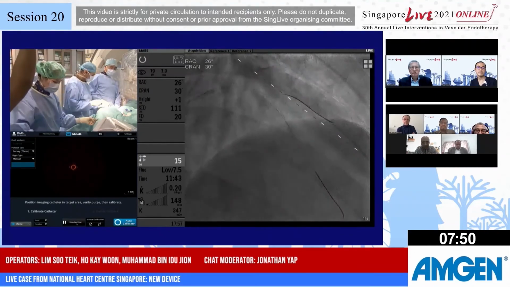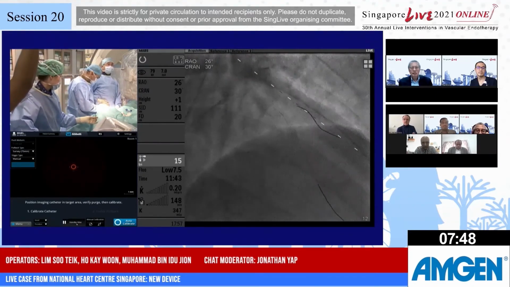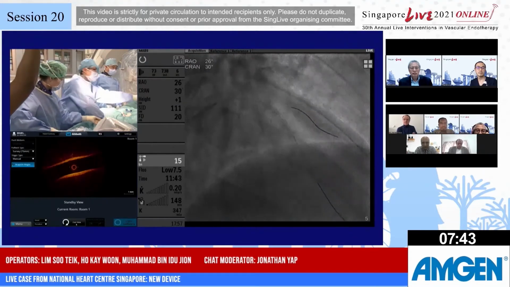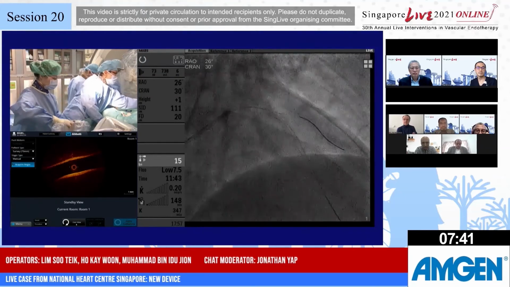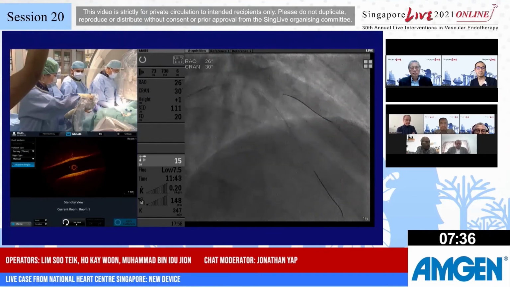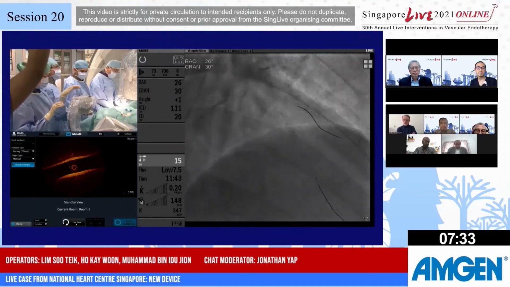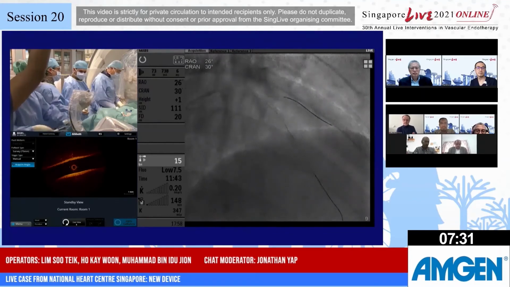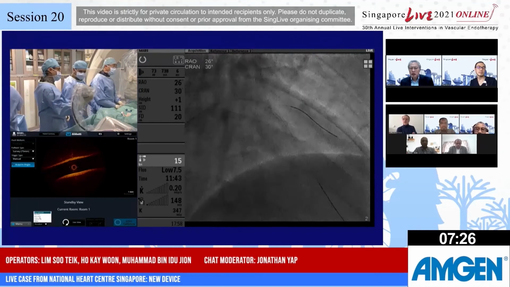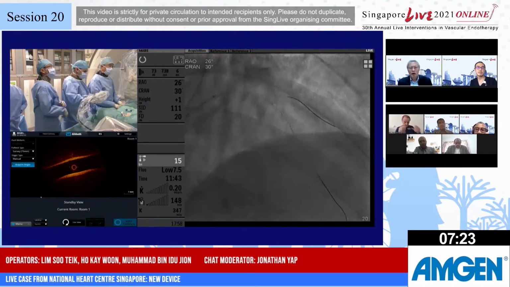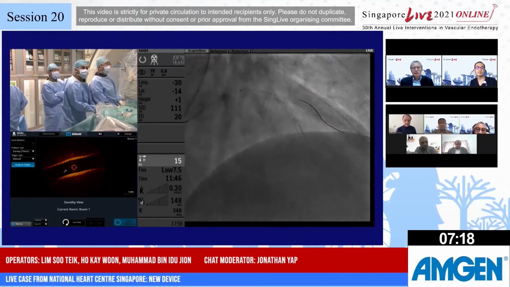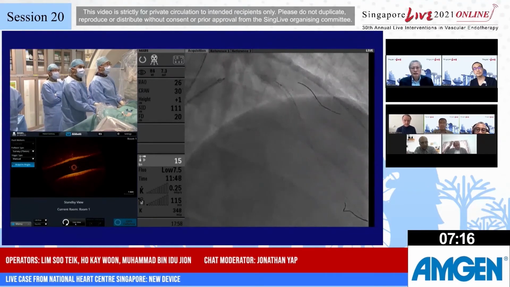So we just plan to do the provisional, and if the side branch remains good, we don't intend to do the kissing balloon dilatation here. But what is the opinion of the panel? Maybe Kwang, you want to have some comment? I think if the flow in the diagonal is okay, then I leave it alone.